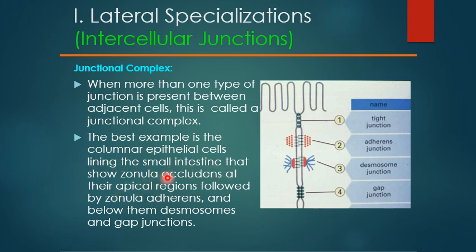First, we have the tight junction at the top to prevent passage of fluid between adjacent cells, with no space between the cells, followed by the zonula adherens, then the desmosome, then the gap junction.